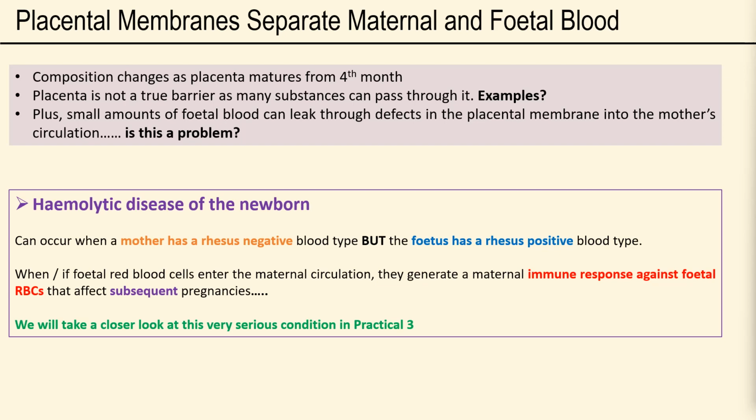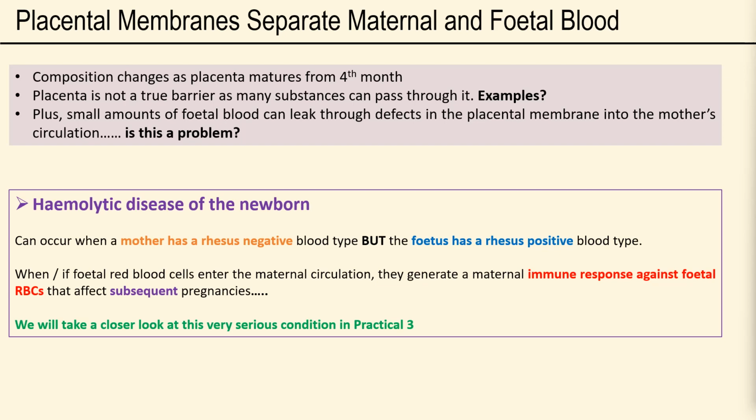Essentially, the maternal immune system detects the red blood cell positive antigens of the baby and mounts an immune response to that antigen. Consequently, those antibodies can cross the placenta, end up in the fetal circulation and bind to the red blood cells of the fetus, marking them for destruction.